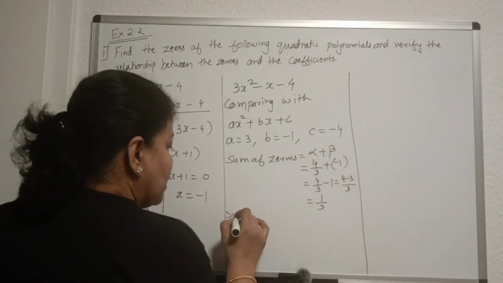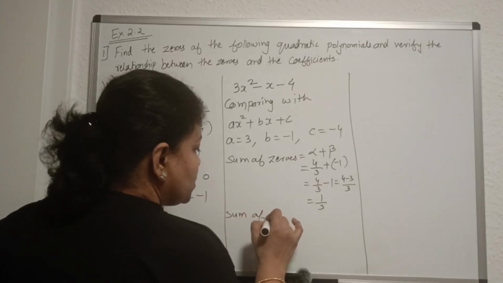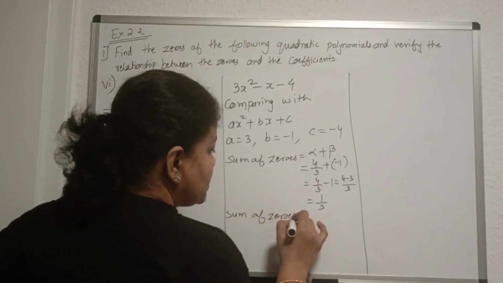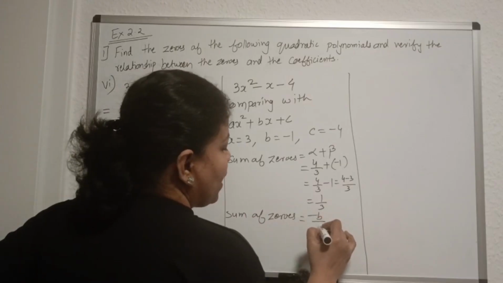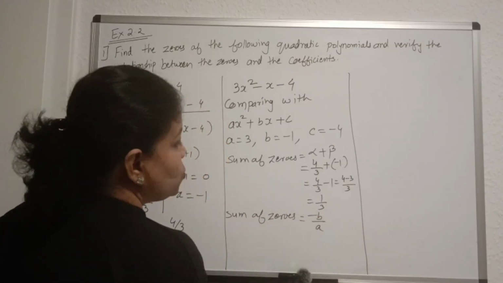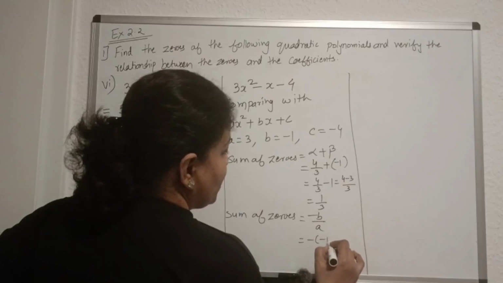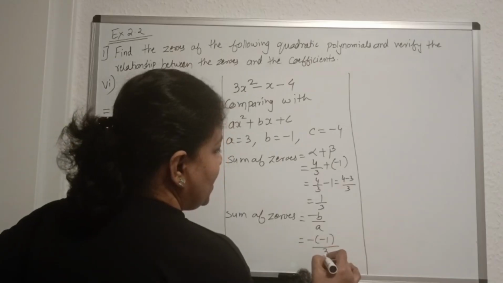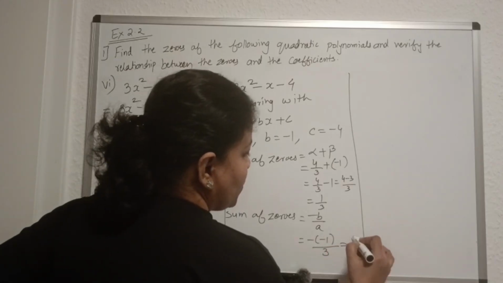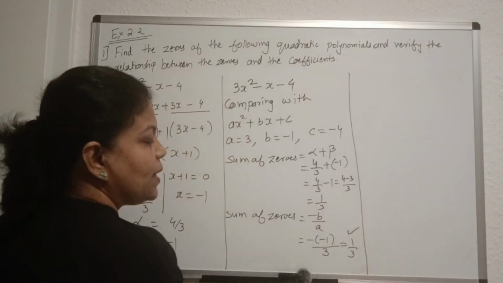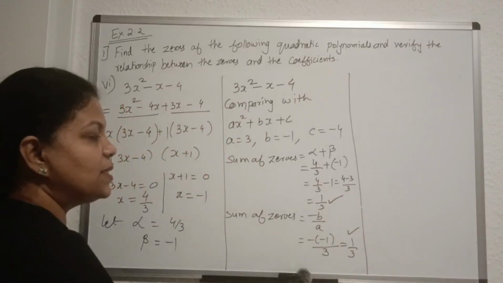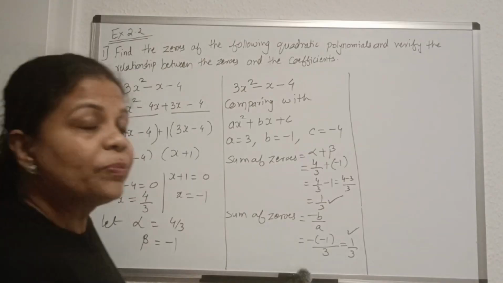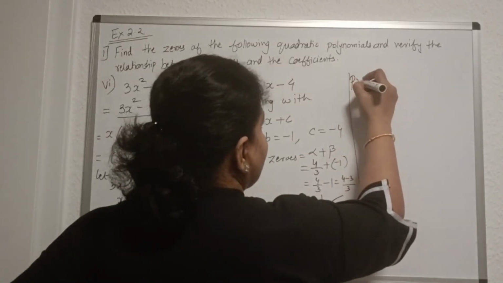Now by formula, sum of zeros, what is the formula for this? It is minus b by a. So it is minus of minus 1, a is 3. So your answer is 1 by 3. You can see by formula also it is 1 by 3, manual addition also it is 1 by 3.